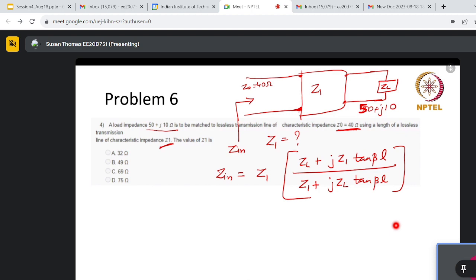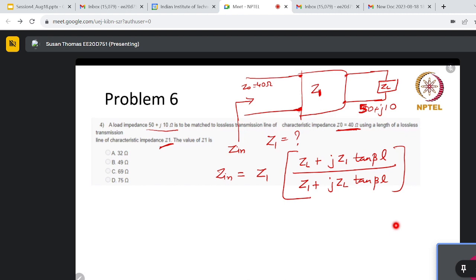I am taking Z1 as the characteristic impedance and beta L as the electrical length of the transmission line. Then ZL is the load. Okay. So based on that, I can write the expression for Zin.